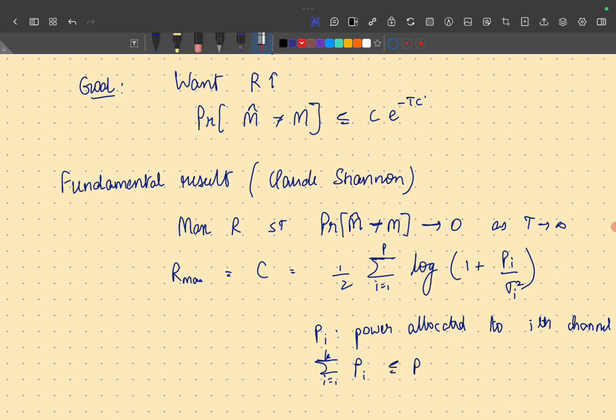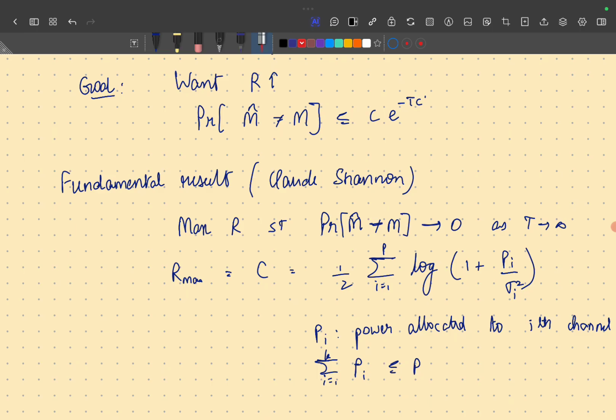But the beauty of Claude Shannon's result was that if you're allowed to wait for a very long time, that is, you don't just speak for one time instant, but you collect all of the messages you have and then spread them across a long time duration, the longer the time duration, the more information bits you are able to transmit.